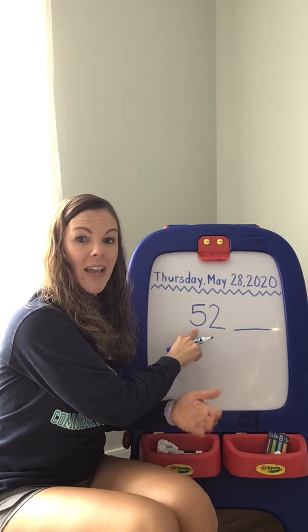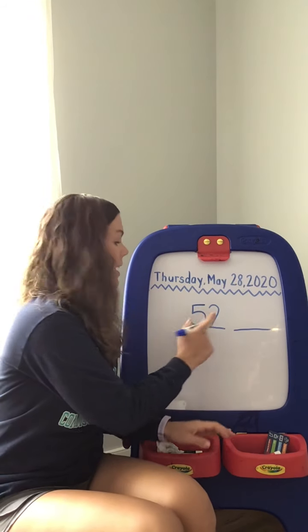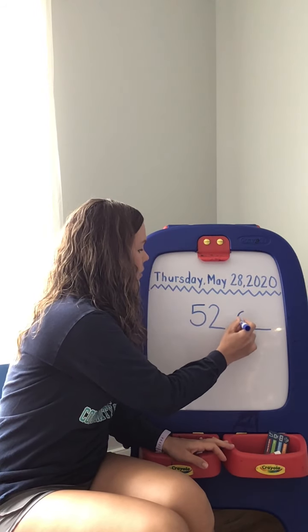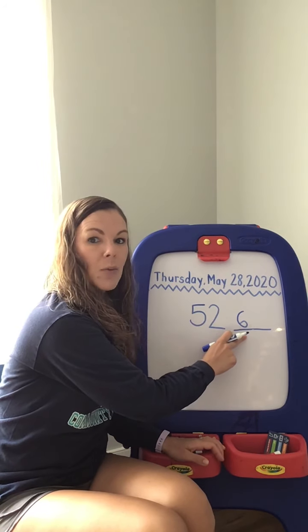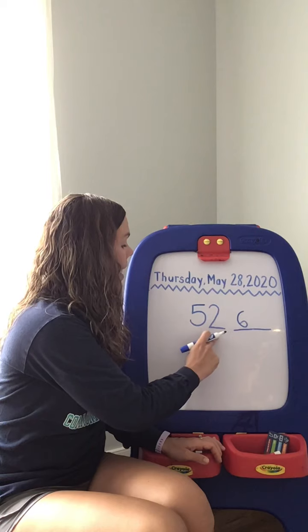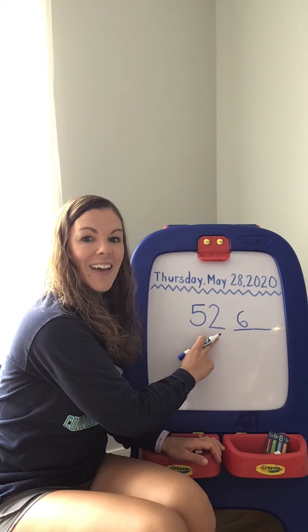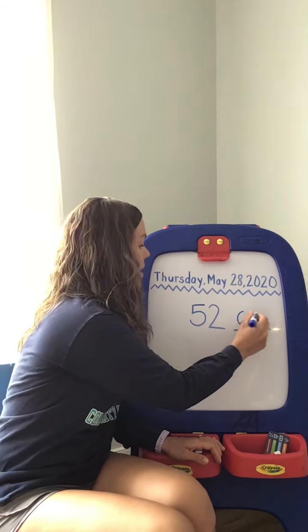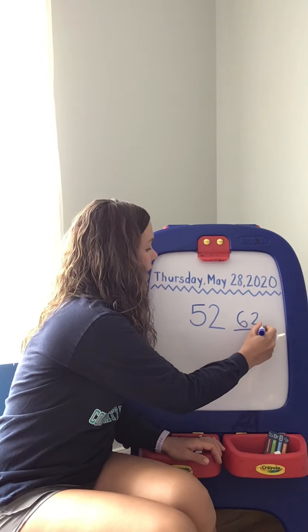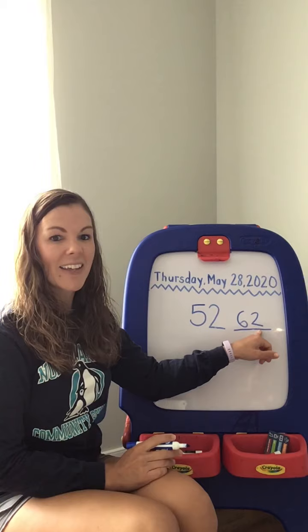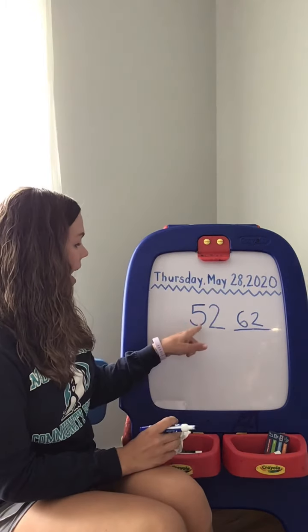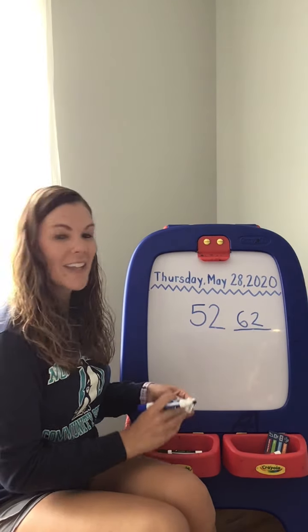Instead of 5 10s, we would have, if you said 6 10s, great job. Our 5 becomes 6 10s because we added 1 more 10 there. And our 2 stays the same. Remember, when we're adding 10, our ones house stays exactly as it is, okay? And we just add 1 more to our tens house.